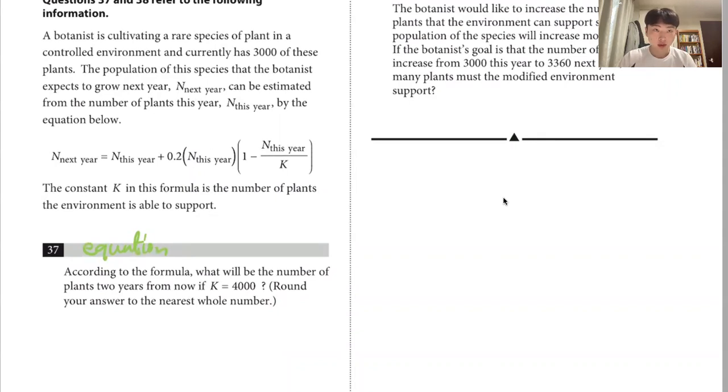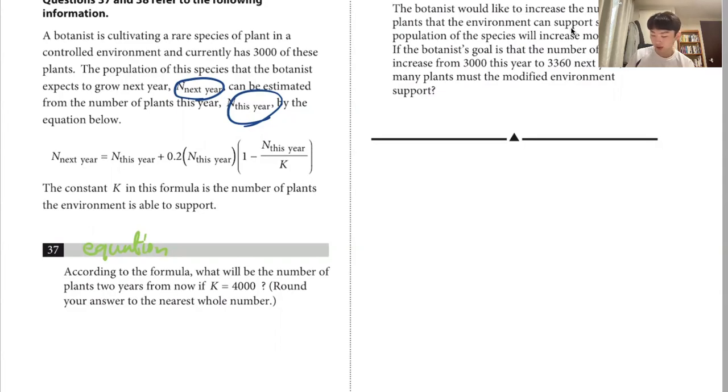A botanist is cultivating a rare species of plants in a controlled environment and currently has 3,000 of their plants. The population of the species that the botanist expects to grow next year, n next year, can be estimated from the number of plants this year, n this year, by the equation below. n next year is equal to n this year plus 0.2 times n this year, multiplied by 1 minus n this year divided by k.